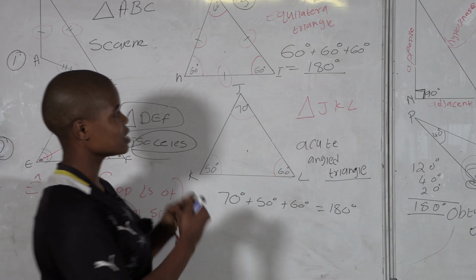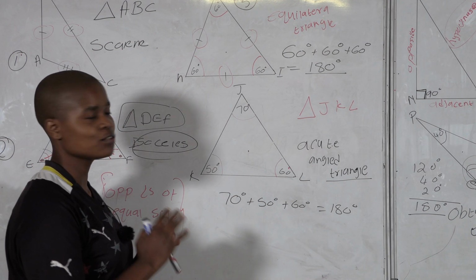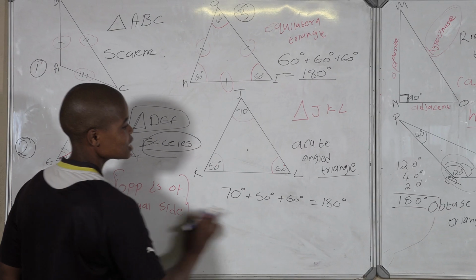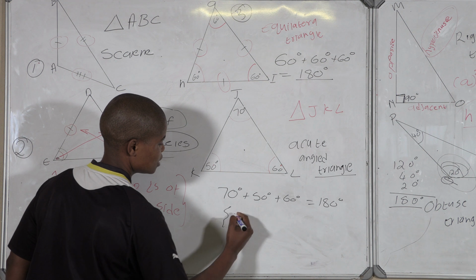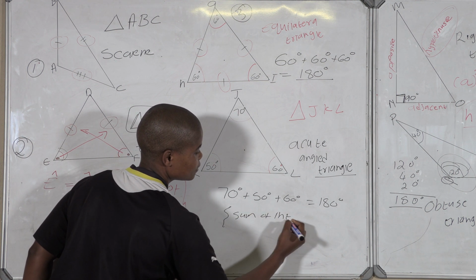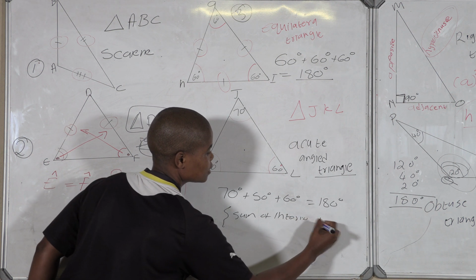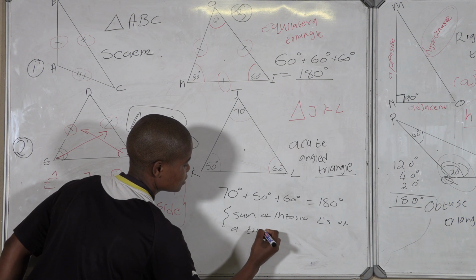So remember guys, this is the type of math that when you write it or solve it, you have to give a reason. So the reason for these angles adding is: sum of interior angles of a triangle.